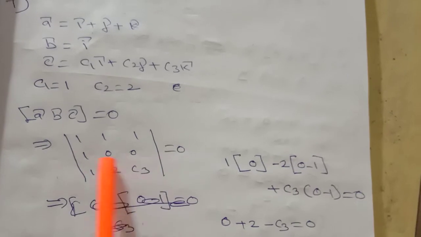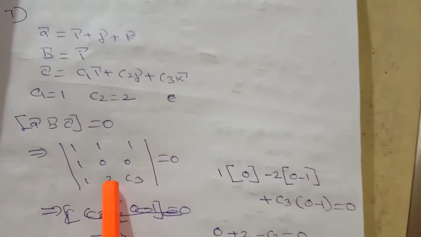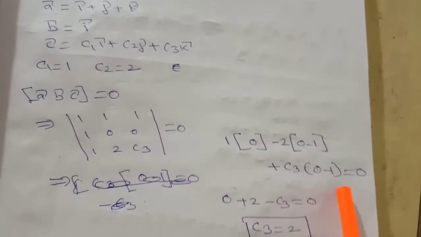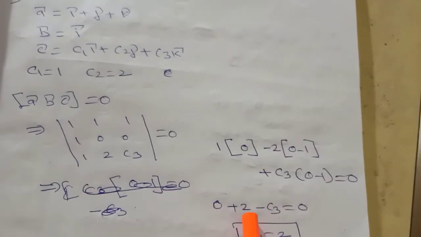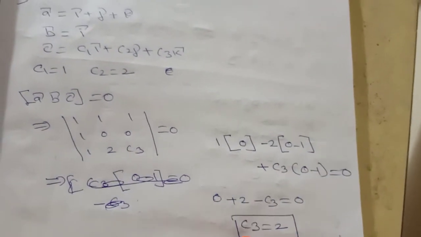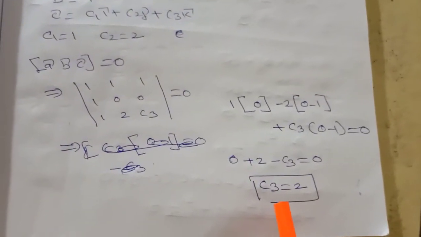We are expanding along the third row, so we are getting 1 into 0, then minus 2 into 0 minus 1, then C3 into 0 minus 1. So this is 0 plus 2 minus C3 equals 0. So C3 equals 2. The value of the unknown constant C3 equals 2.